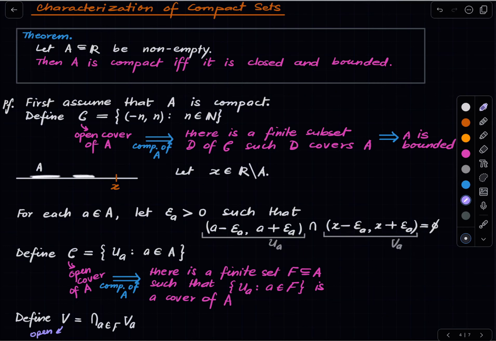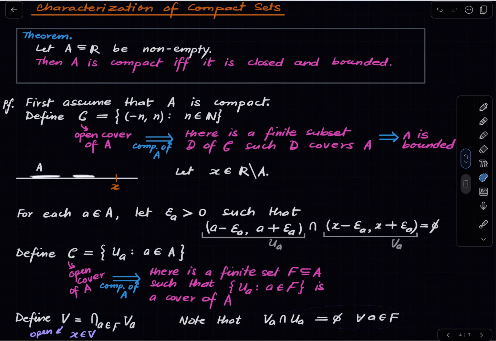Let me note that here also, x and V. So we have argued these things. Finally, we want to show that this is disjoint from A. Finally note that V_a intersection U_a is empty. This is by the choice of epsilon a. This is empty for all a in F.